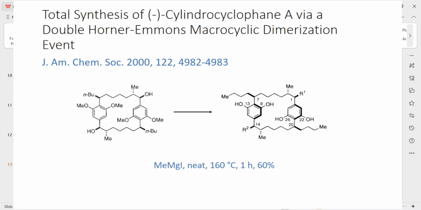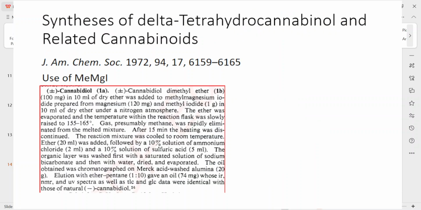The reported yield is 60%. It is not an optimized condition. We chemists can optimize the condition and have better yields than what has been reported here. Another example of use of methyl magnesium iodide I could come across is given in this reference, Journal of American Chemical Society, and this too can be tried.